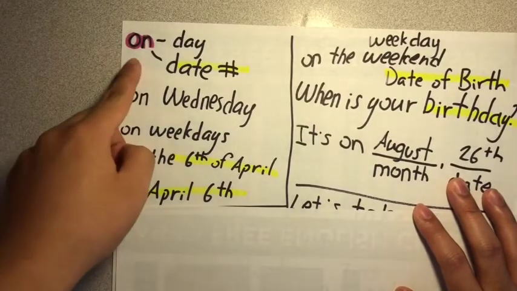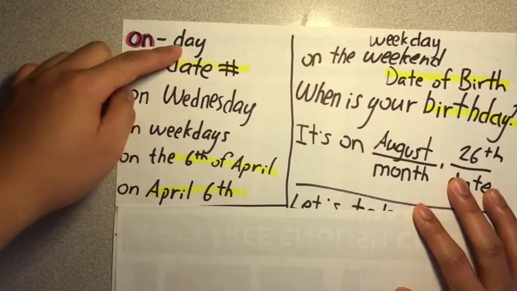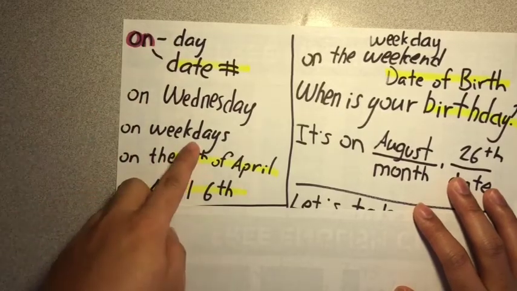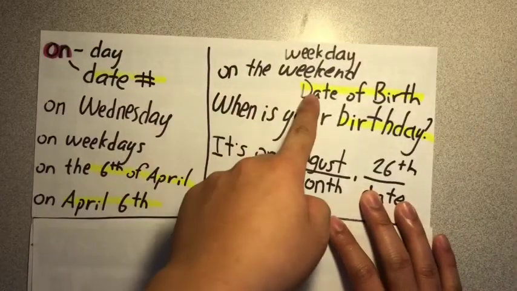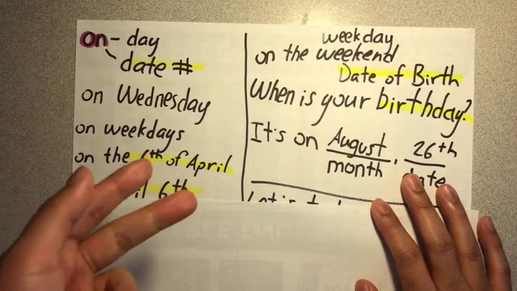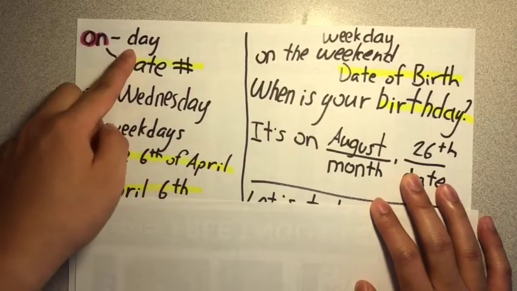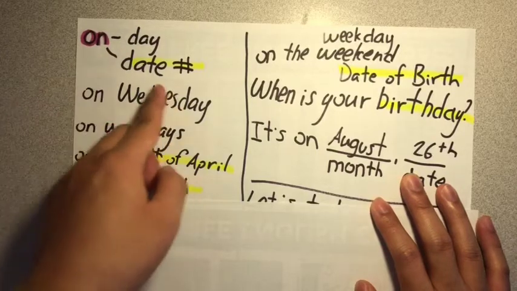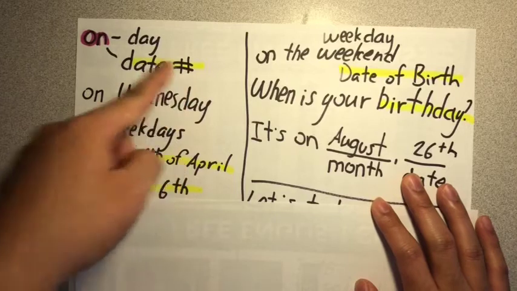Now, let's do on. On is for days of the week. Days of the week are the weekdays and the weekends. So we say on the weekdays, or we say on the weekend. So we say on Monday, on Tuesday, on Friday, on Saturday, on Sunday. On, the day. We also use on for date. A date is a specific date of the year.